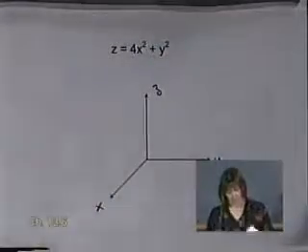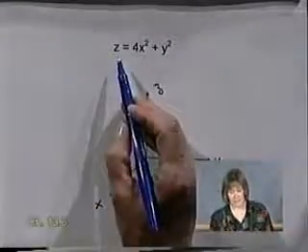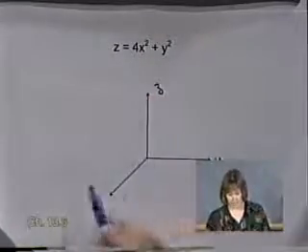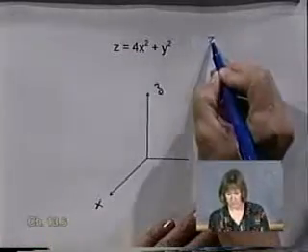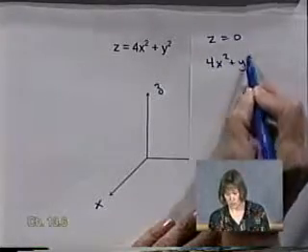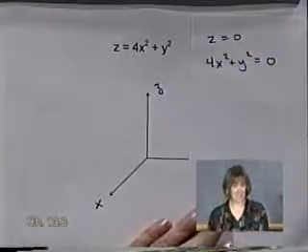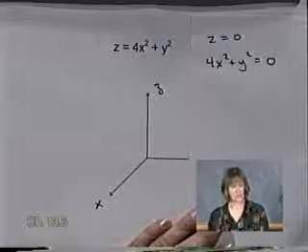In the past, we sliced it and diced it. So I'm going to slice it and dice it this way. If I let z be 0, and I'm just looking at my slice in the xy plane, I get 4x squared plus y squared is 0. What coordinates would satisfy that equation in terms of x and y?